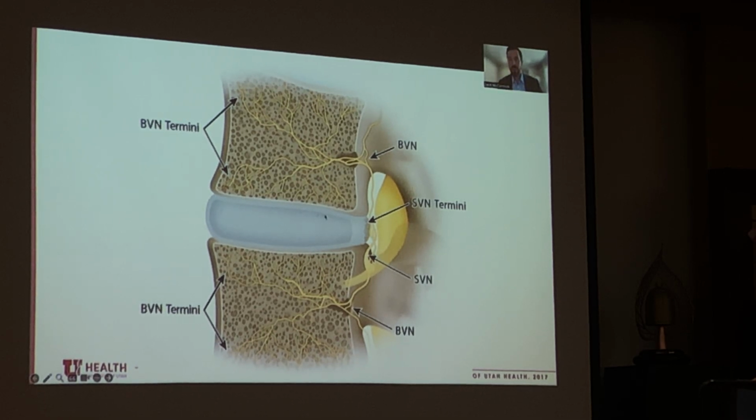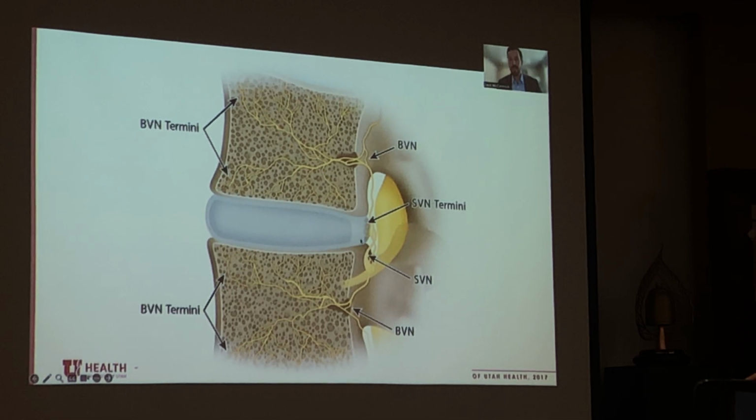So at the end plate interface, these are basivertebral nerve termini. So that basivertebral nerve, the takeoff from the sinovertebral nerve, enters the posterior aspect of the vertebral body and then arborizes out to the end plate to create sensation to the end plate.